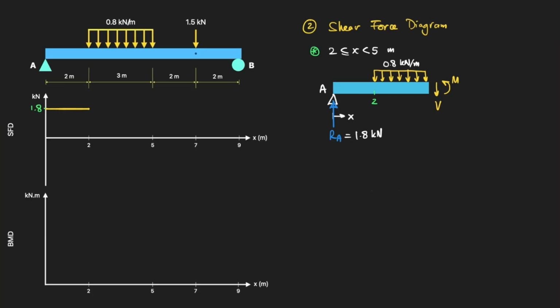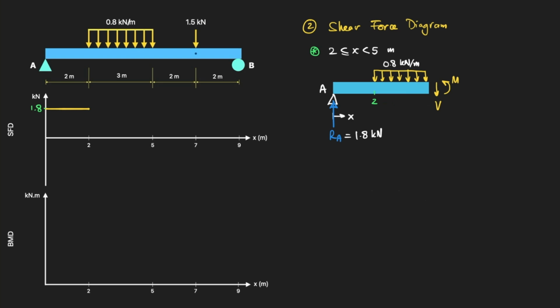Now for the second segment, the cut sits inside the distributed load, from 2 to just before 5 meters. So our analysis now is for the internal forces at every position x in this segment. Note that this length is not 3 meters. Now the question is how to calculate the equivalent point load, as we need to know the length of this segment.